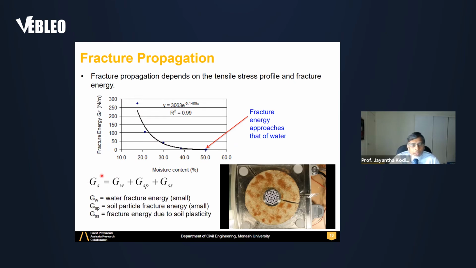So you can explain the total fracture energy of soil as the water fracture energy, the particle separating energy, and G_SS, the fracture energy due to soil plasticity. The first two are relatively small, and G_SS is the one which increases it exponentially.